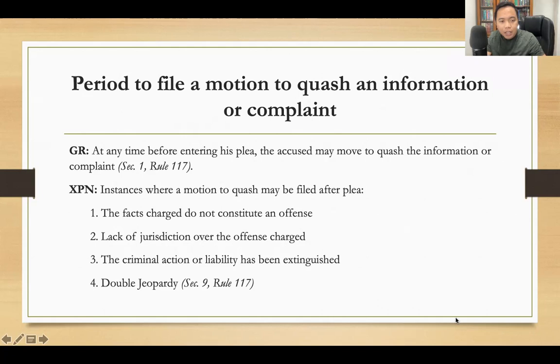Now, third, criminal action or liability has been extinguished. For example, the prescription to file a complaint has already lapsed. Then the criminal liability has been extinguished. Therefore, even after the accused had already entered his plea, he can still file a motion to quash.